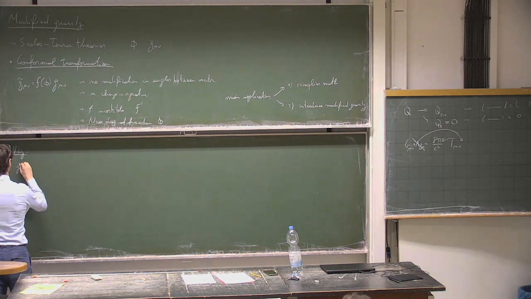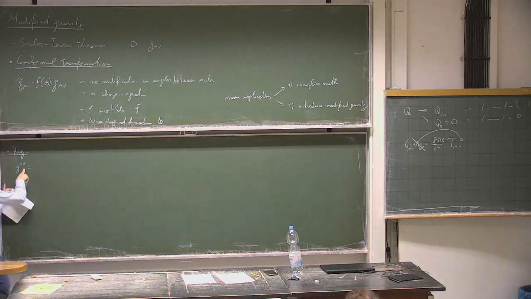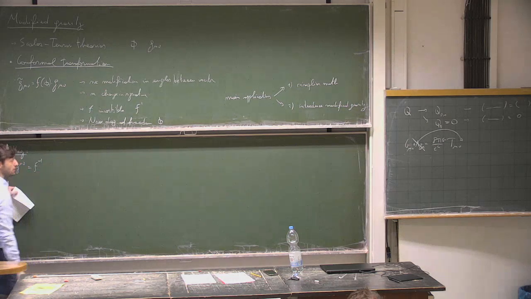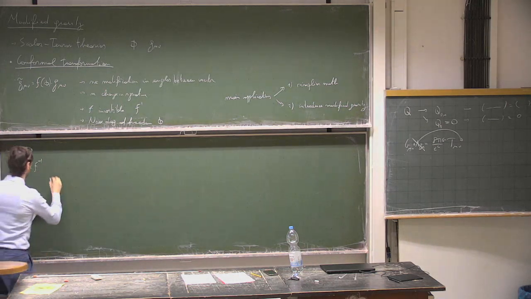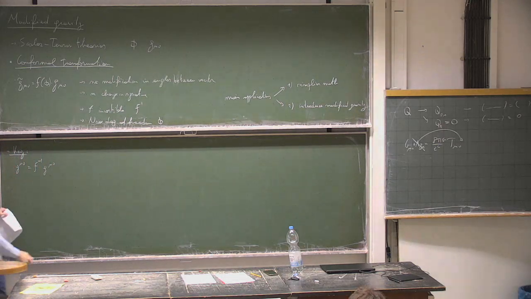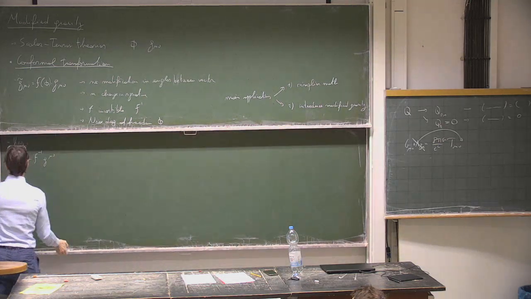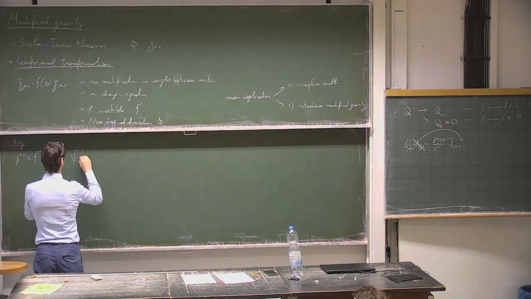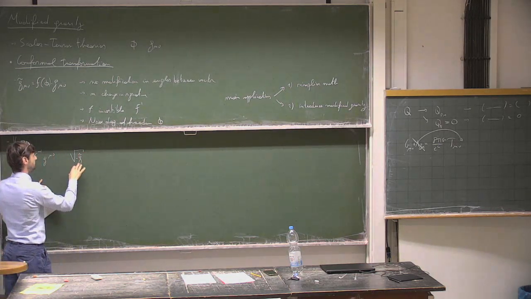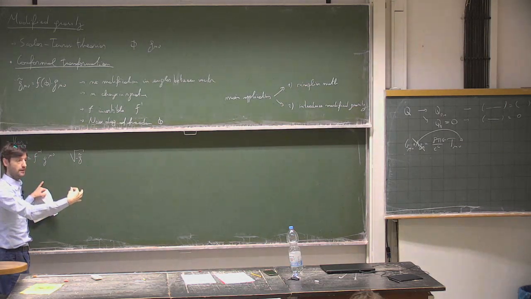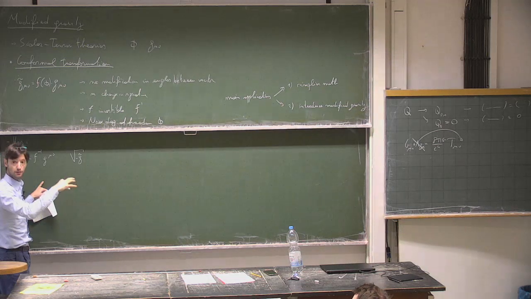The first one that I'm going to show you is just the inverse of the metric, which guess what it is? That's f to the minus 1 times g^{mu nu}. That's it. That's the inverse. Then you have another interesting relationship, which is the square root of the determinant of the metric, which we always need for the invariant volume element, right?